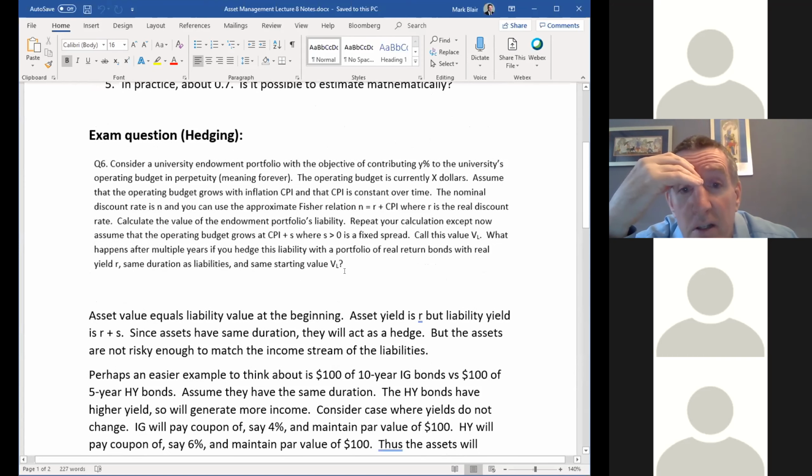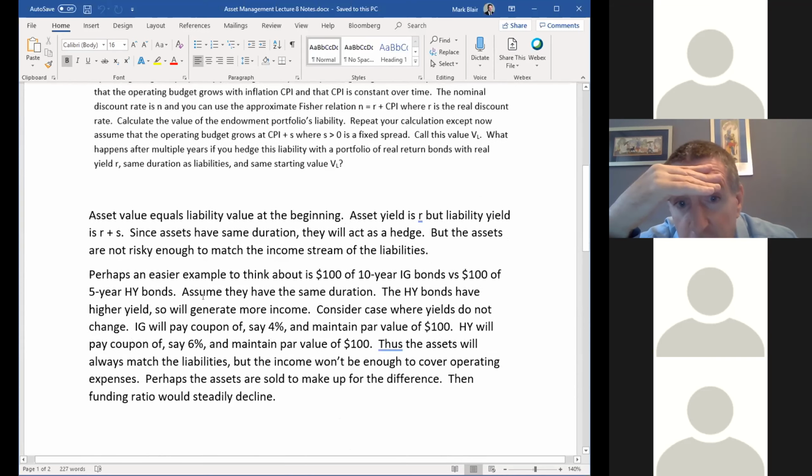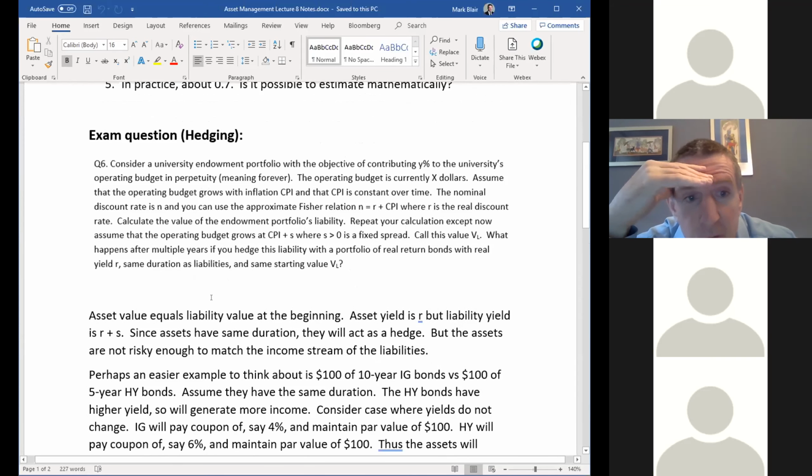Furthermore, the assets and liabilities have the same duration and the same starting market value. The question is to explore that situation. The math part of the question was pretty straightforward, but this part requires, at least from my perspective, a little bit of thinking.